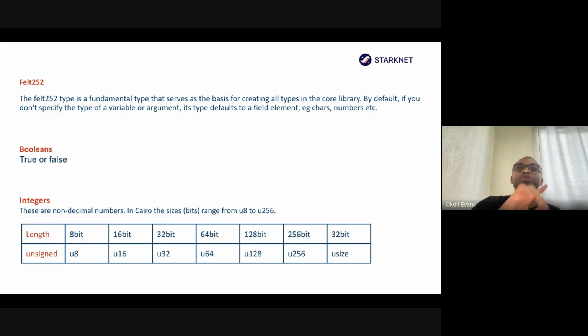Just do 2 raised to the power of the number of bytes and you get the bits. For instance, 32 bits is 4 bytes, so 2 to the power of 4 gives 32. 2 times 2 is 4, 4 times 2 is 8, so you get 16 bits, then 16 times 2 is 32. That's the basic formula: 2 raised to the power of the size, maybe 4 bytes, gives you the number of bits.